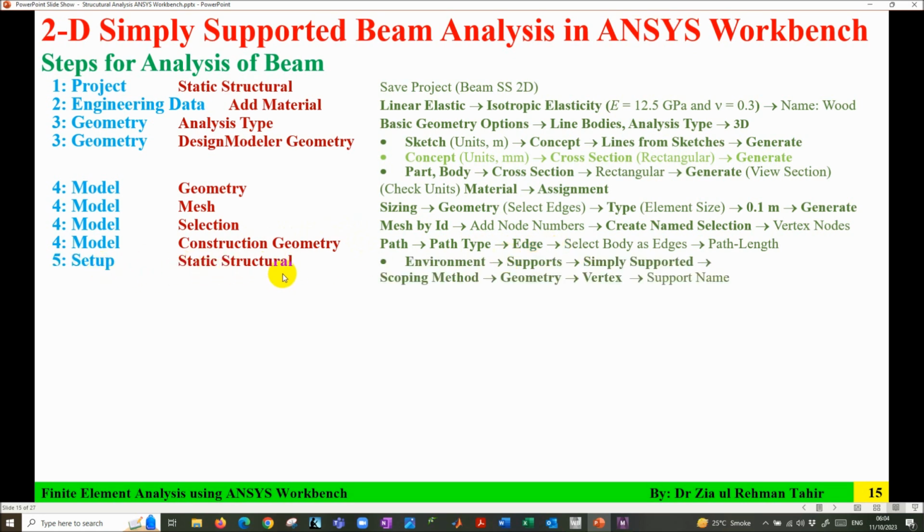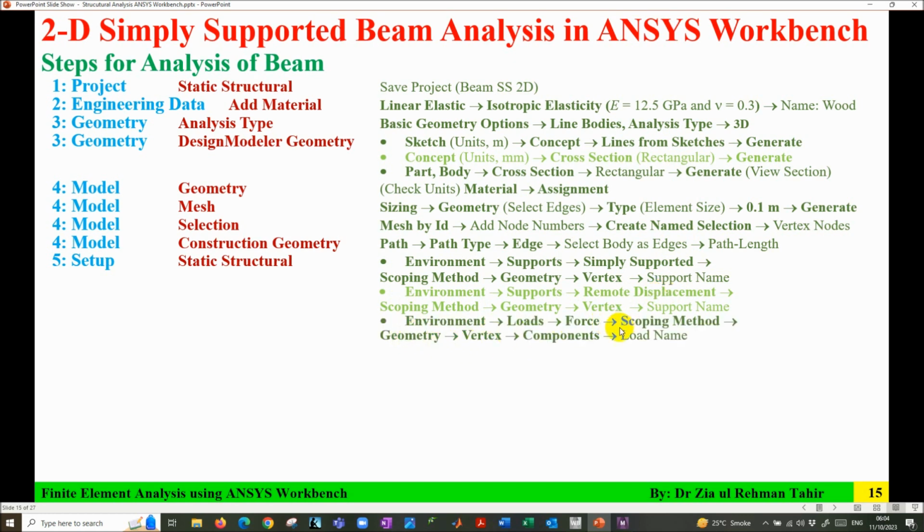Then in the setup you need to start static structural, and then add the simply supported supports. There is a problem in the ANSYS solver that you can't model it as 2D, so you need to model it as 3D. For the roller support you need to fix moments in X, Y, and Z planes, and also any displacement in Z. That's why you need to apply remote displacement at the roller support.